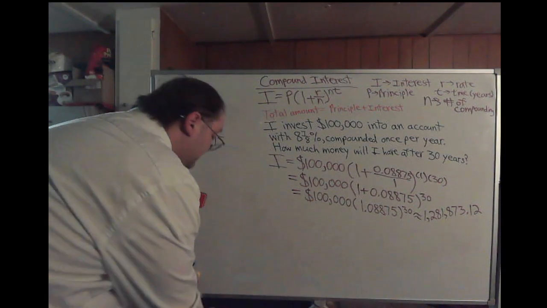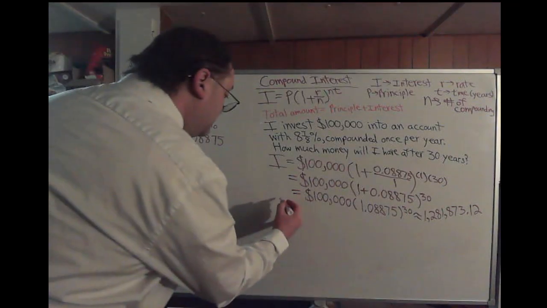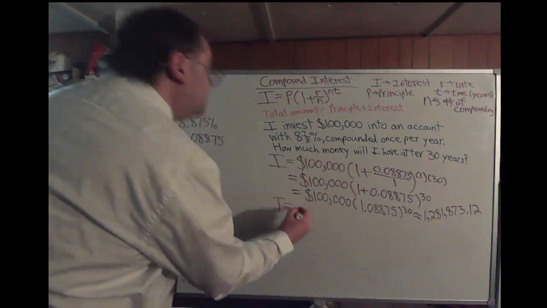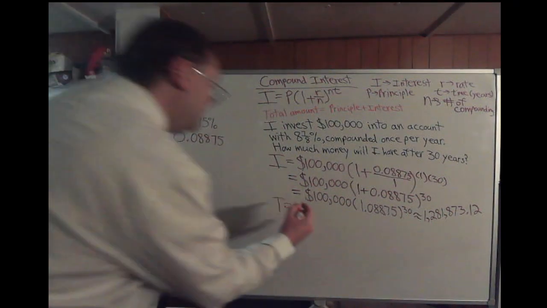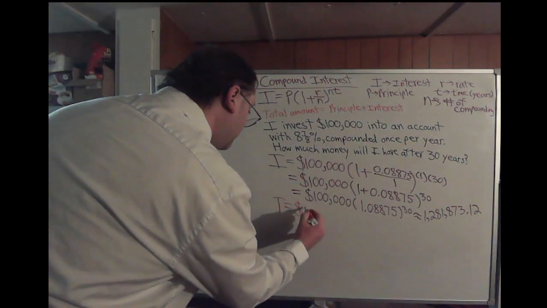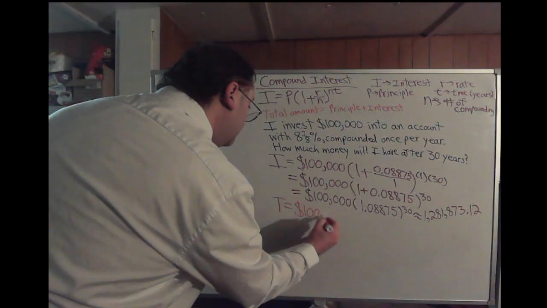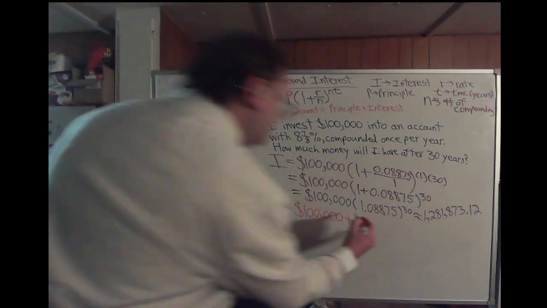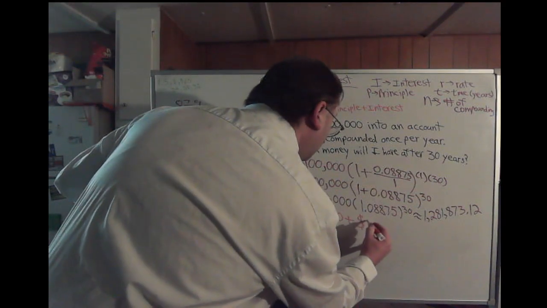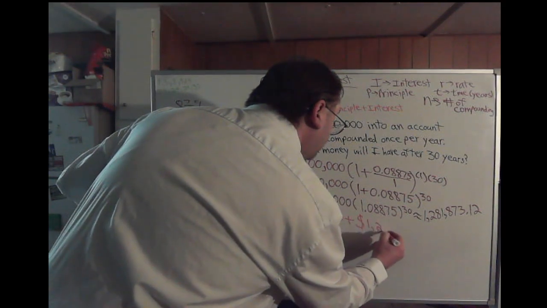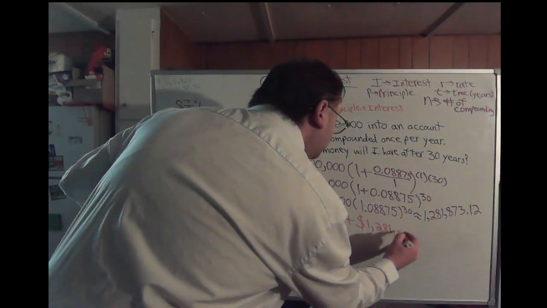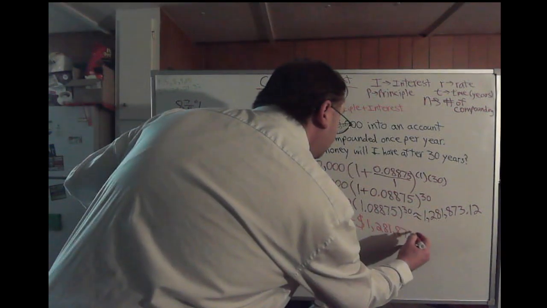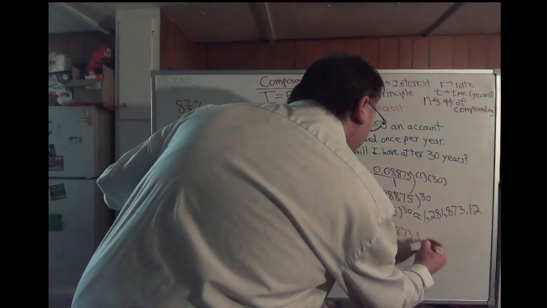But we want to figure out the total price. So the total price is going to be equal to the principal, what you put in, which is $100,000, right? Okay, so $100,000 plus the interest, which we have determined to be $1,281,873.12.